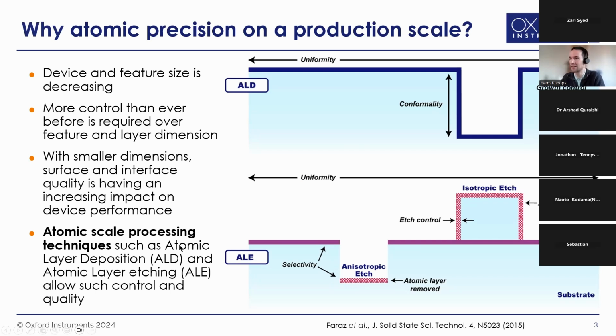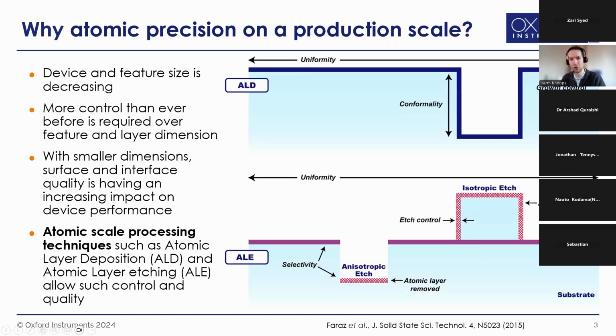And techniques such as atomic layer deposition, which you see here, ALD, and atomic layer etching, ALE, could be really beneficial. And here you see the merits of these techniques. So very good uniformity over a wafer area, even over a large 200 or 300 millimeter wafer. And for ALE, similarly, good uniformity over a wide area, so having the same etch removal over a big area.